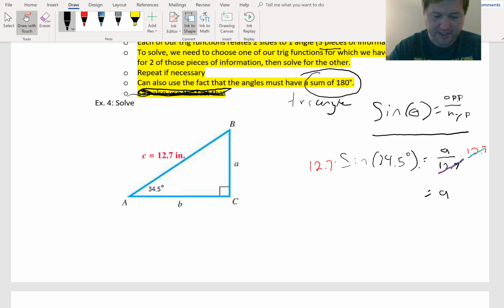Let me change that to degrees. And now it's going to make me re-enter that. Sine of 34.5 times 12.7. Man, that's crazy small. I get 7.19.